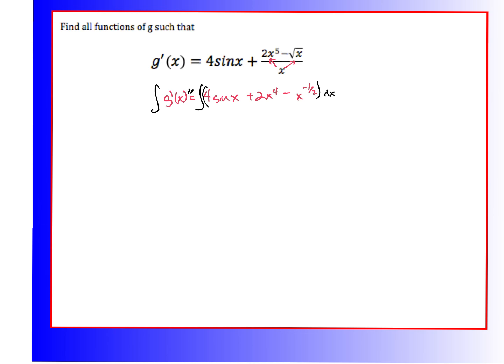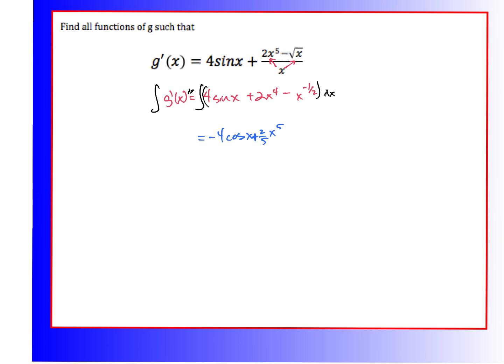So now let's take an integral. So what is the antiderivative of 4 sine x? Negative 4 cosine. And then what is my antiderivative of 2x to the 4th? What do I need to do with my power? I add 1, so now I have x to the 5th. But then what's my new coefficient? 2/5. All right.